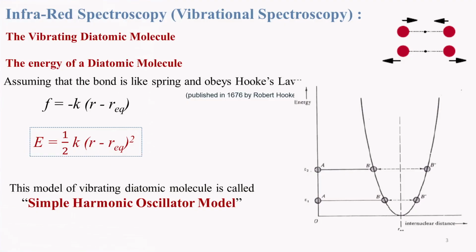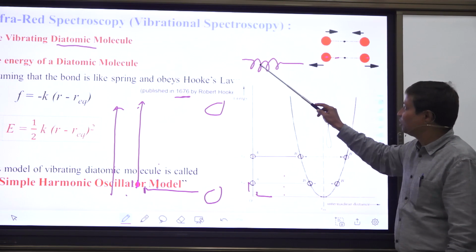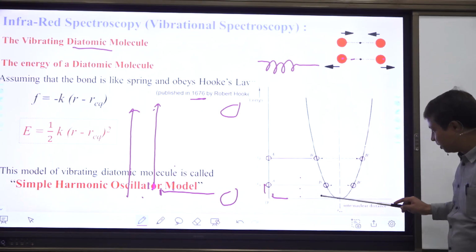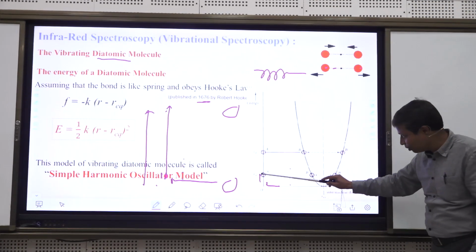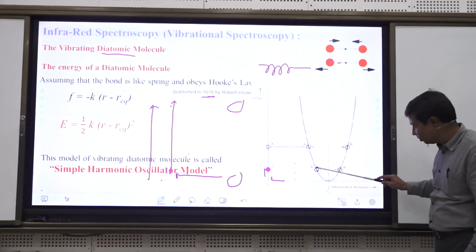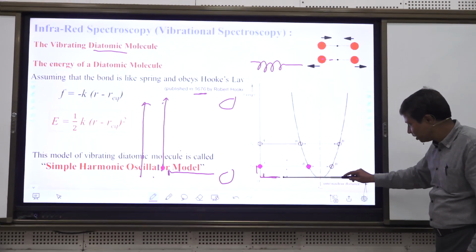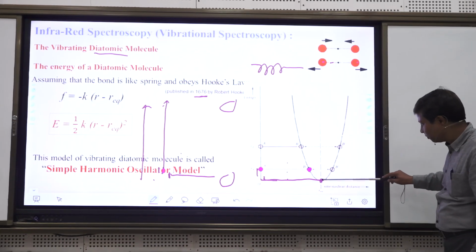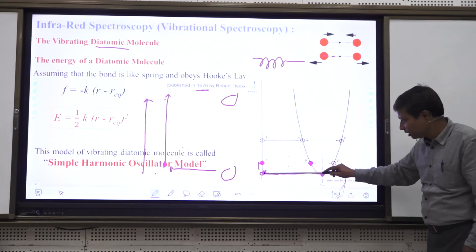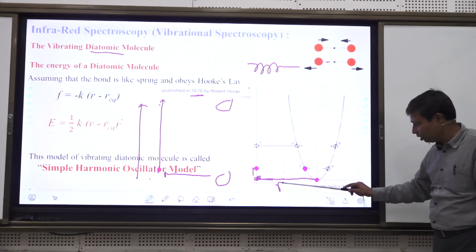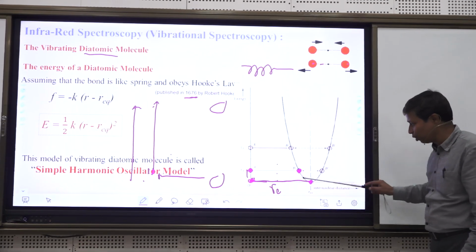So for a diatomic molecule, this is one atom, this is another atom. This is the stable position, called R equilibrium, the bond distance.